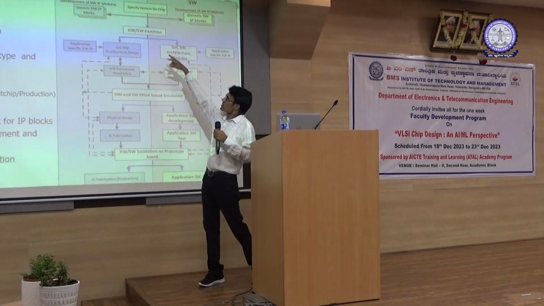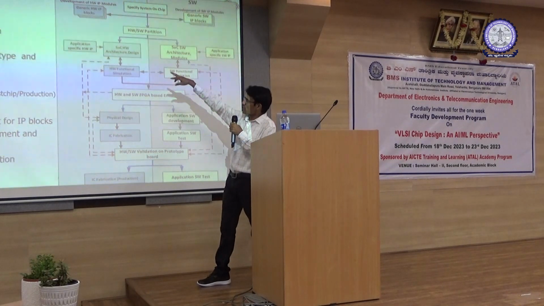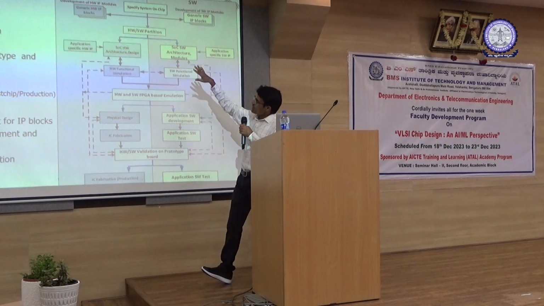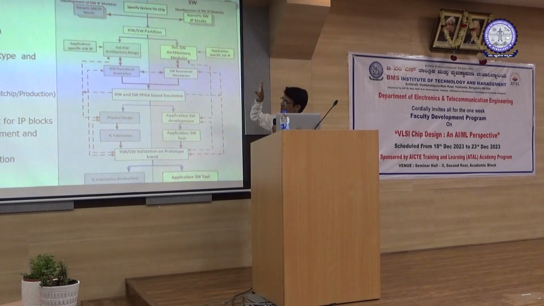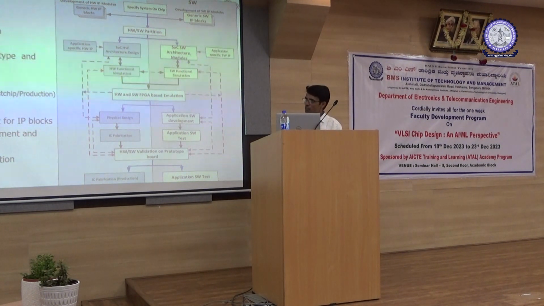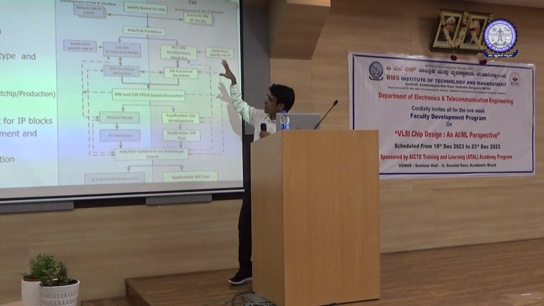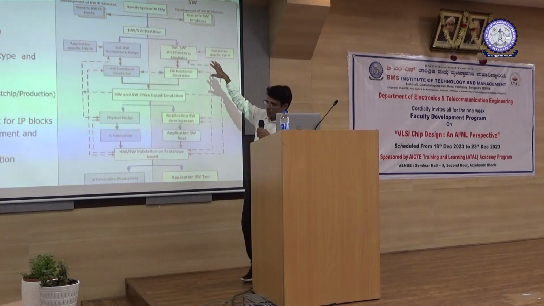So the boxes that I showed here have a lot of things involved in them, for example, IP development. The architectural definition for that IP, microarchitecture, implementation, backend process, everything will be closed for each IP, and then only it comes to the SoC level.